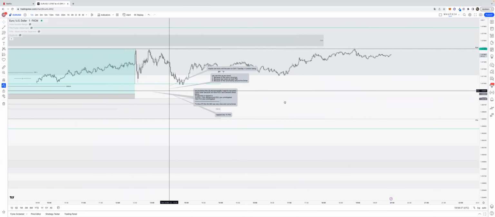Although this looks like a pretty solid demand area. But I want to use the order block POI for turnarounds over there.